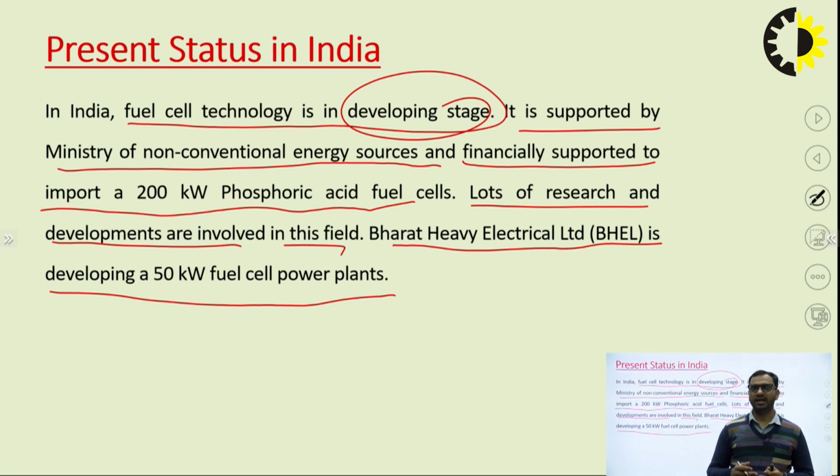There are three main parts of any fuel cell: first is the cathode, second is the anode, and third is the electrolyte. With the help of the electrolyte, we can categorize the types of fuel cells. If we talk about fuels, hydrogen is mainly used as a fuel. And oxygen, O2, is used as an oxidant, and there are different types of electrolytes.